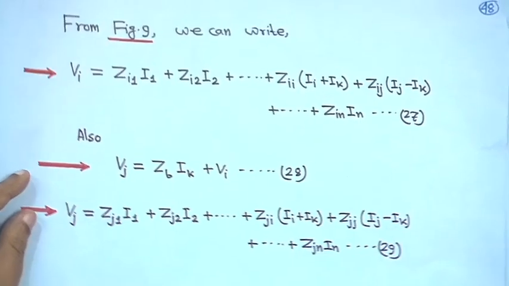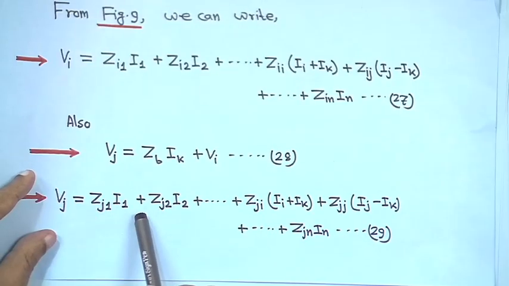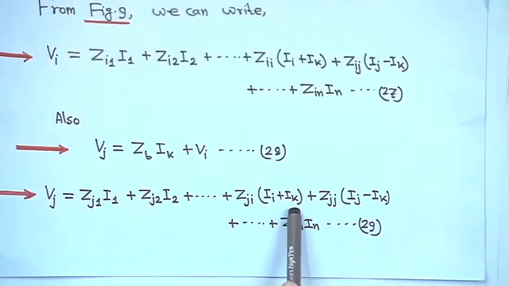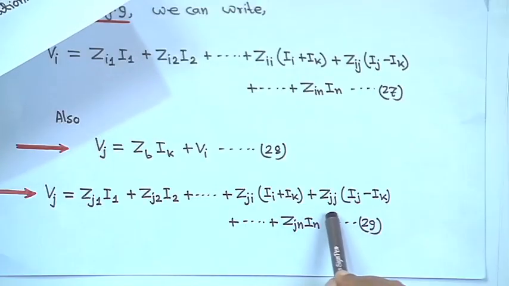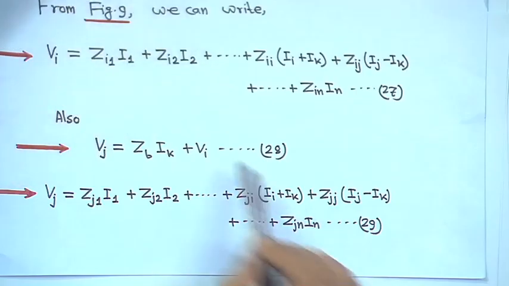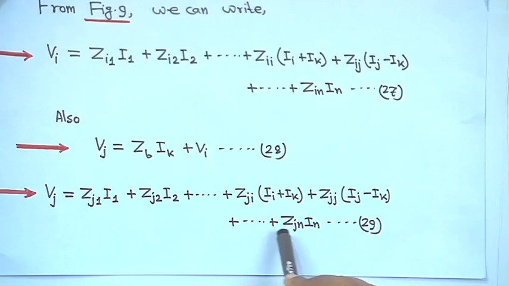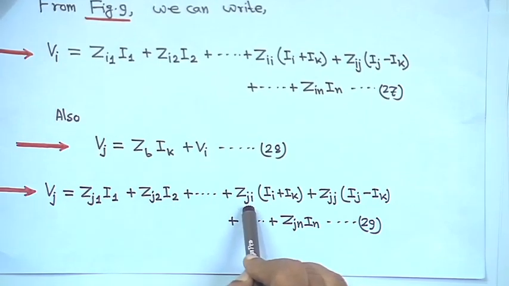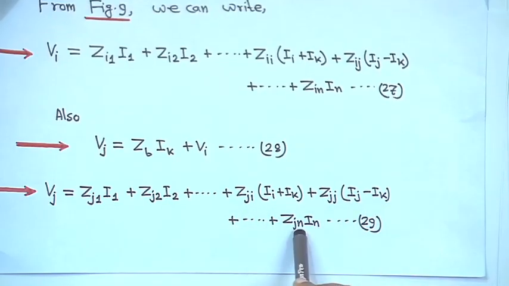So, this Vj is equal to Zj1 I1 plus Zj2 I2 plus Zji (Ii plus Ik), plus Zjj (Ij minus Ik), plus Zjn In, because we have written Vi is equal to all these things and Vj is equal to this expression: Zj1 I1 plus Zj2 I2 plus Zji (Ii plus Ik) plus Zjj (Ij minus Ik) plus Zjn In.